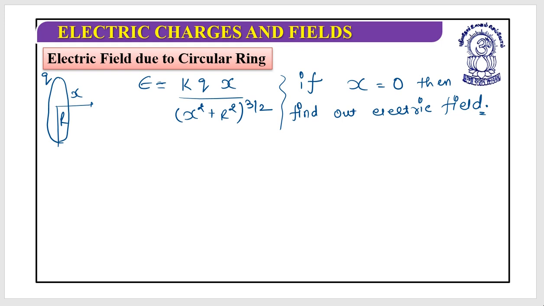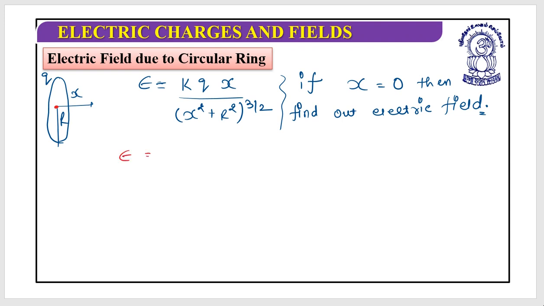What the data has given is that x equals 0, then find out the electric field. First let me know, if I make x as 0, which point would it be? Yes, you are right, it is the center only. So I need to find the electric field at the center of a ring.